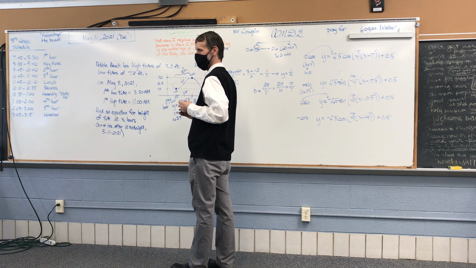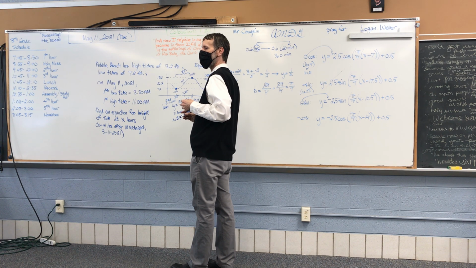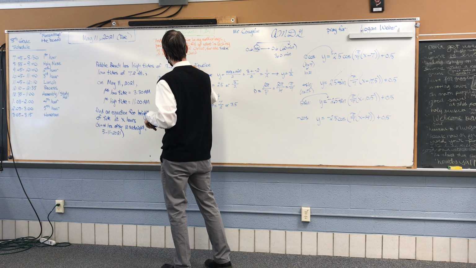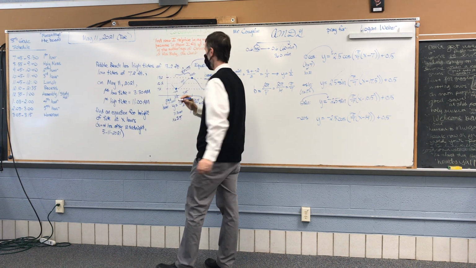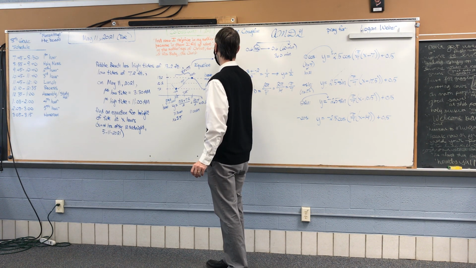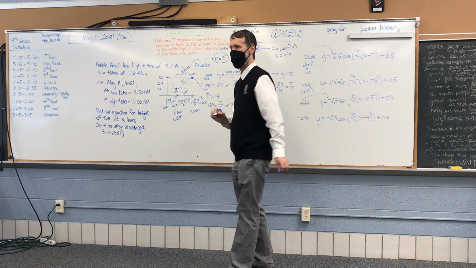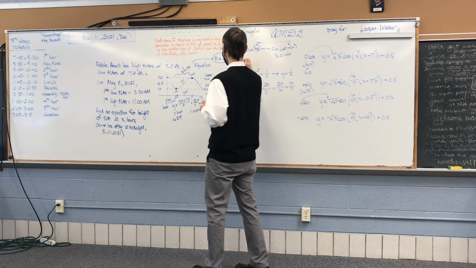How many hours is it? From 3.5 hours to 11 hours. 7.5. If a half period is 7.5, what's a full period? 15. That's useful. Can somebody find B for me here? 2 pi over 15. And I would leave it like that because it doesn't reduce.